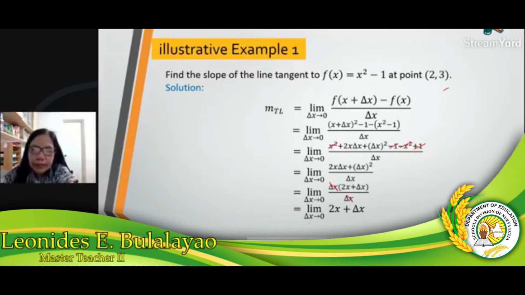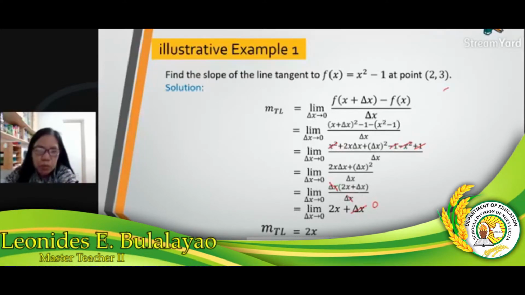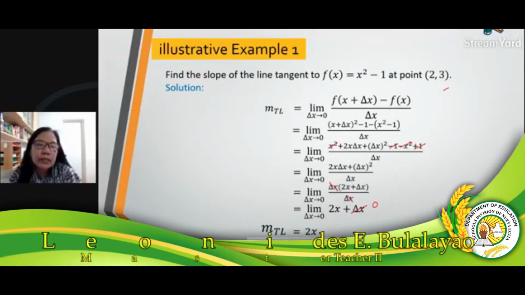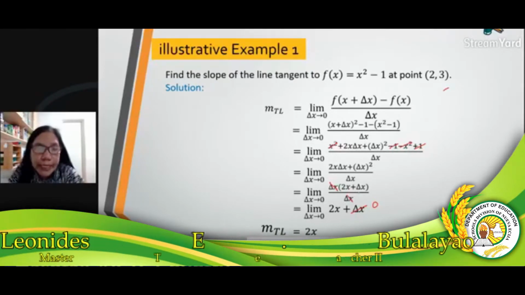If we get the limit of this, as delta x approaches 0, this is 0. So we have the slope of the tangent line is 2x. This is the slope of all the tangent lines to the graph of x squared minus 1 in general.